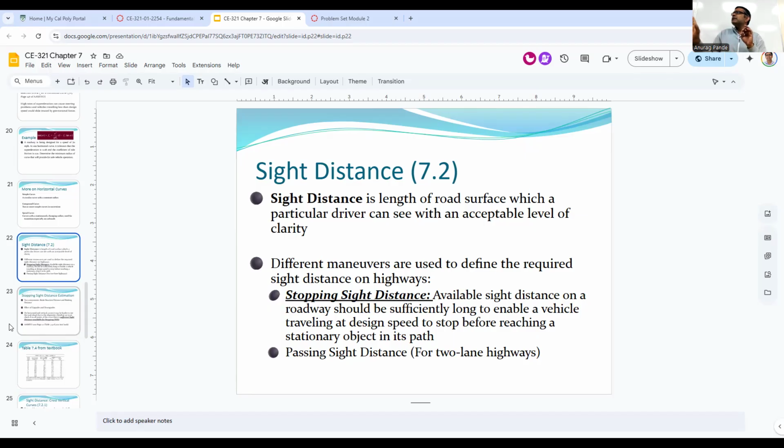That typically does not depend on whether you're driving on a curve. If you slow down, then obviously you need a smaller sight distance, right? So a curve doesn't directly impact your stopping sight distance, but it does affect your sight distance, how far you can see. I hope you can get the somewhat subtle difference between sight distance and stopping sight distance.